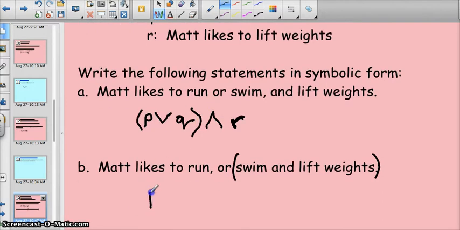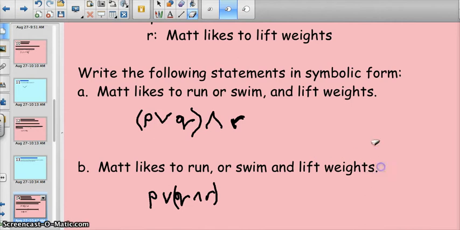Well, that's P. Or, but this time when we write swim and lift weights, we are going to put the parentheses around the swim and lift weights part, because that's the compound part. So that's kind of how we use parentheses to incorporate where commas are utilized in regular language. That's where we put them in symbolic.